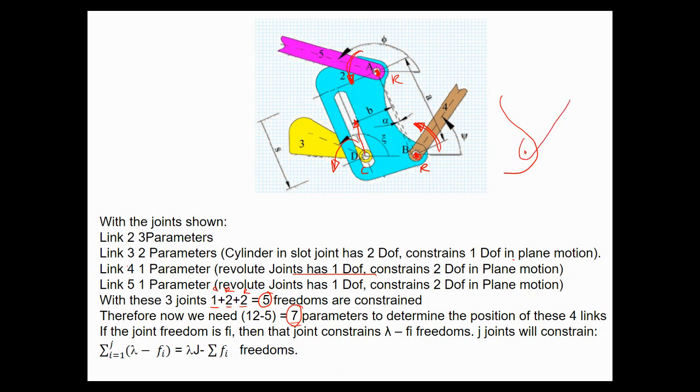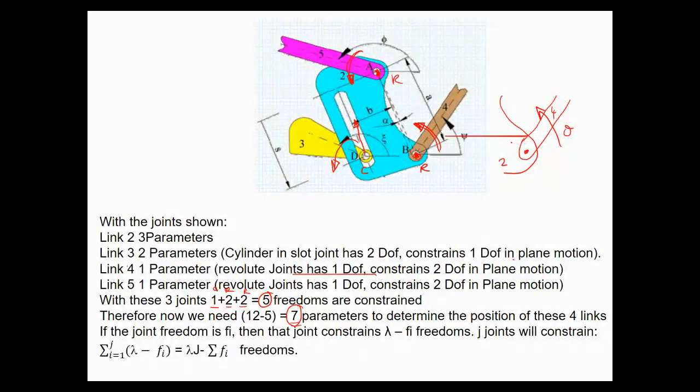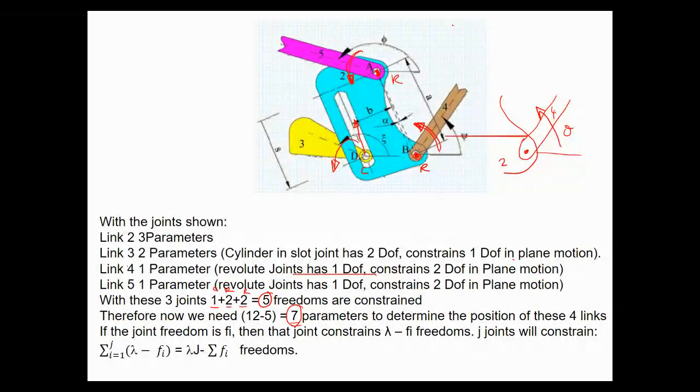It's not only for link 4. Revolute joints have 1 degree of freedom and constrain 2 degrees of freedom in plane. Okay, this thing can only rotate like here, with respect to 2. Do you understand that? Yes, hocam. So the degree of freedom of this mechanism connected in this manner is reduced to 7 now.